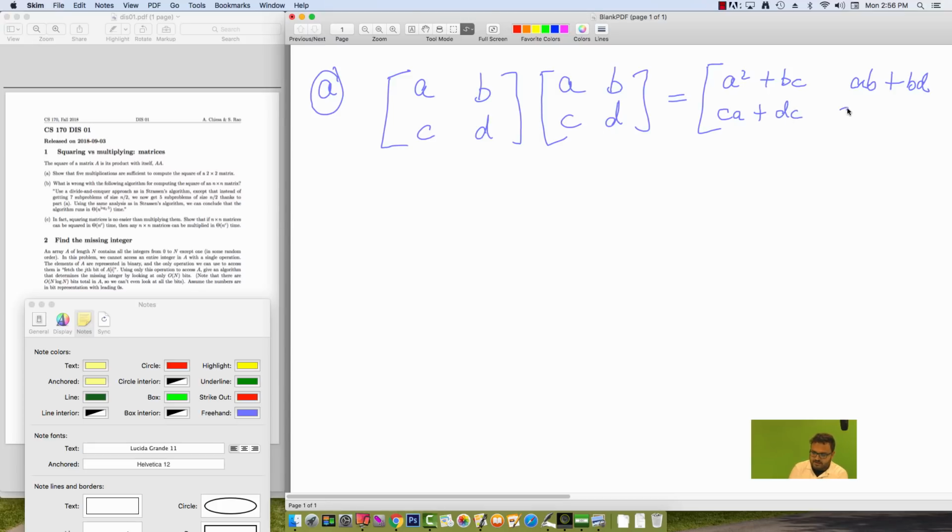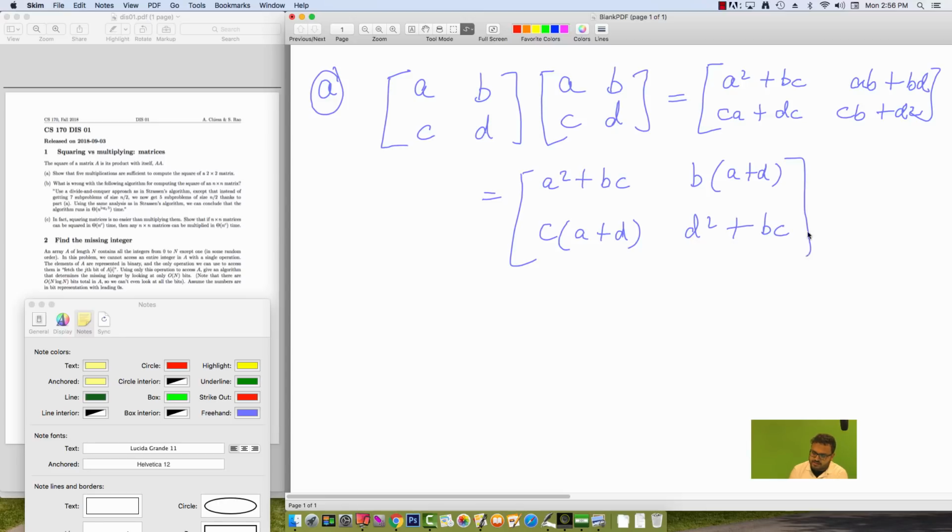And finally, we will get CB plus D squared. We can simplify this to get A squared plus BC. We take out B to get B times (A plus D). Here we can take out C to get C times (A plus D). And finally, we get D squared plus BC.